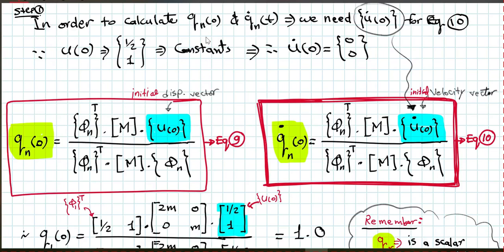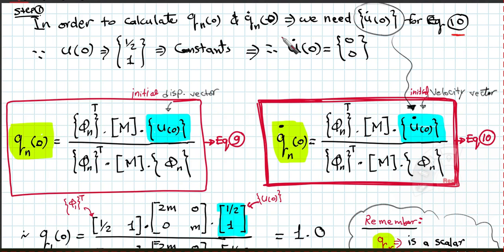So step 1, as we said, this is step 1. In order to calculate qn node and q dot n node, we need to know u dot node, right?